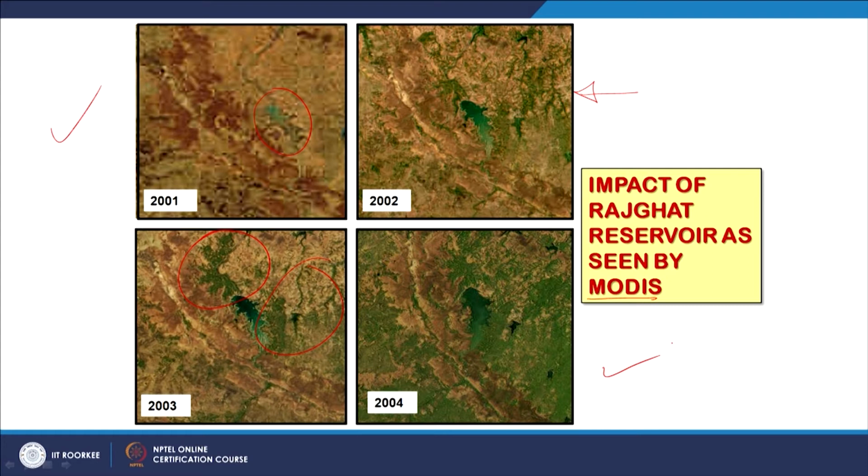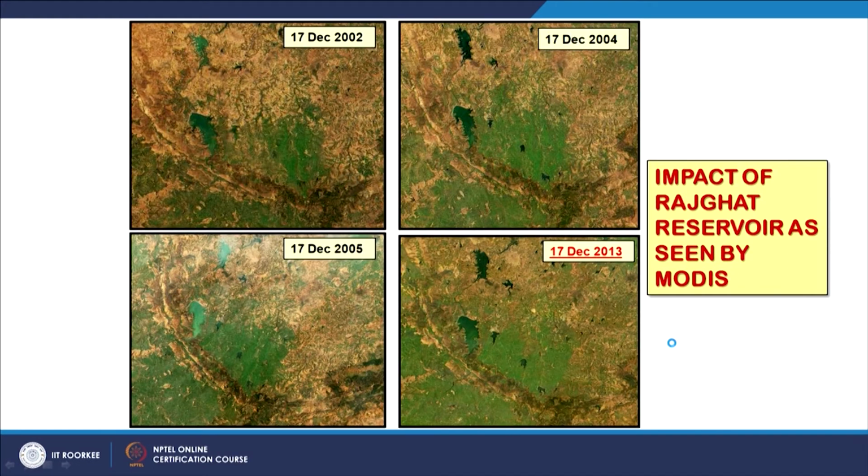I said, don't worry, as I have said, satellite images record unbiasedly. These are all 17 Decembers of different years. As you can see, this was just 1 year after the reservoir filling, and you see the greenery here and in this part also. And slowly, by 2013, the area has become green.